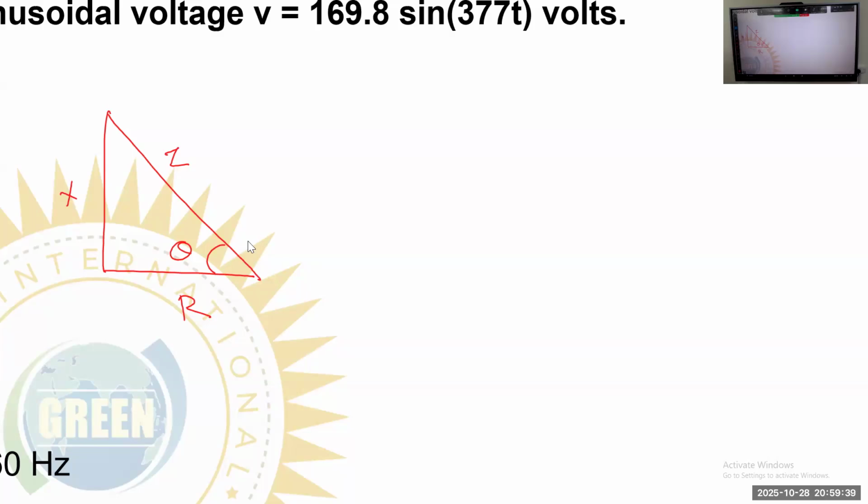Why do we write that? Even though we may write Z is equal to X plus iY, in mathematics we said that here we have a voltage, here we have a current IL, here we have an IR, correct? For the RL circuit. So what is the angle between IR and IL? 90 degrees. So the same 90 degrees we put between R and X. So the angle between resistance and reactance is 90 degrees. That's why we write this.